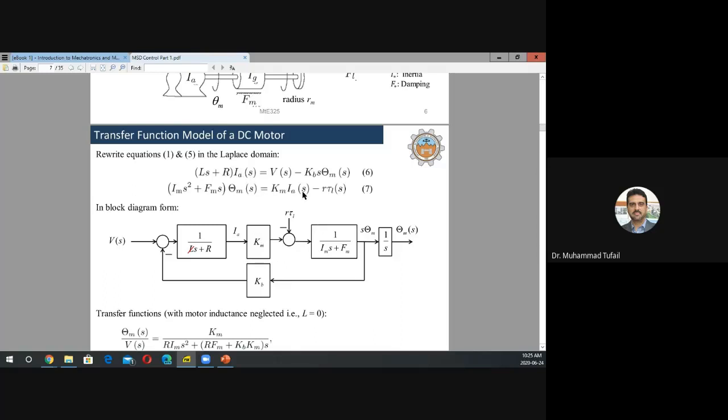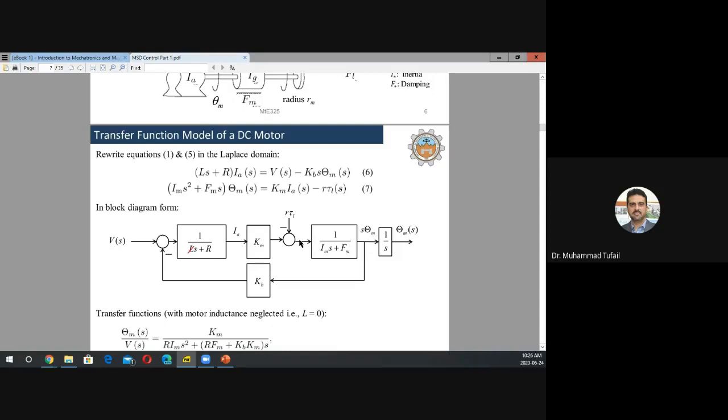Let's say you got the current, so what do you do with it? In equation 7, it has to be multiplied by the motor torque constant, and that's what you do here. And whatever you get, subtract from that the load torque T_L. So let's say that's another input to the system. So these are two inputs to the system, and whatever you get, that's an error, this error.